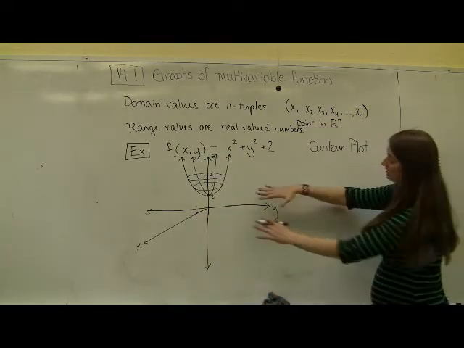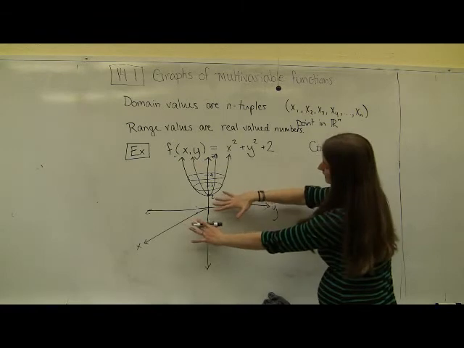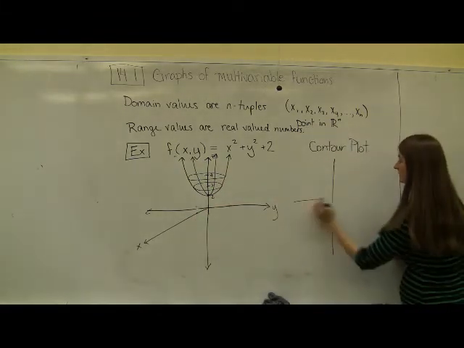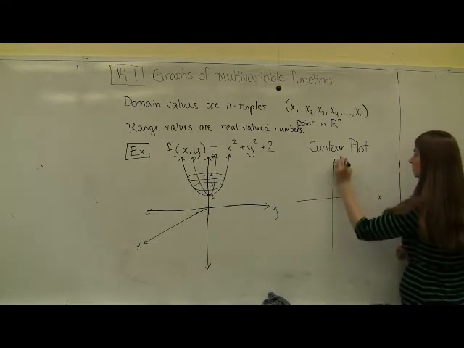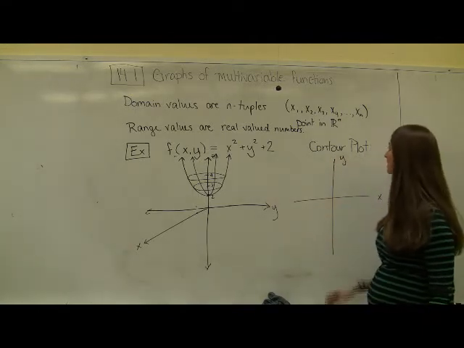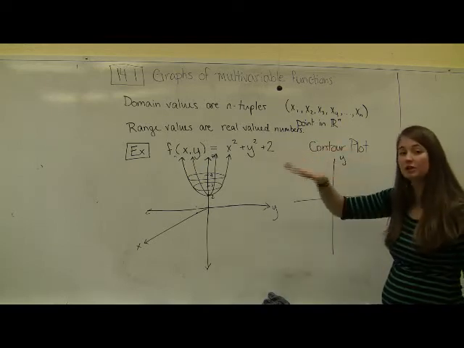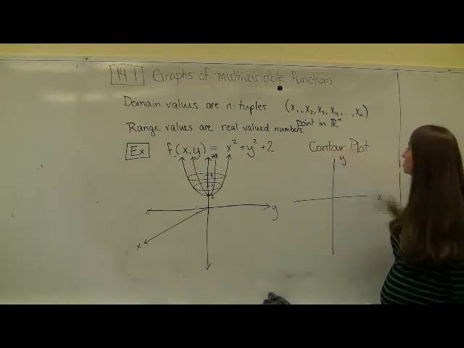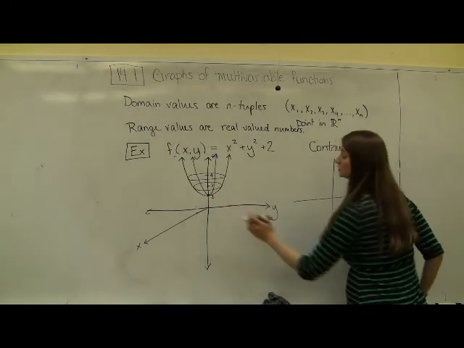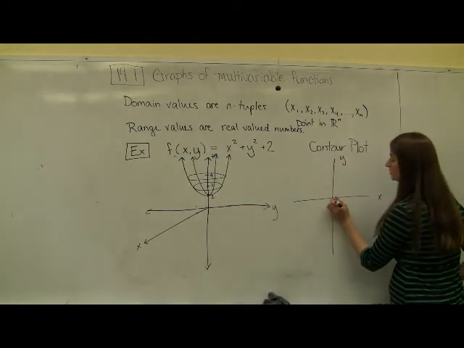Visually it's a little crazy, but I'm going to look straight down and see the xy plane. And what does my figure look like in that case? I'm going to use all of the horizontal traces to construct my contour plot. So the first of those horizontal traces was this single point at x equals 0, y equals 0, and that happened when z was equal to 2.